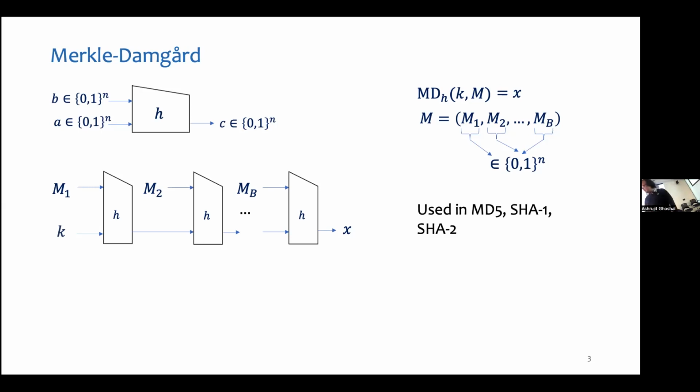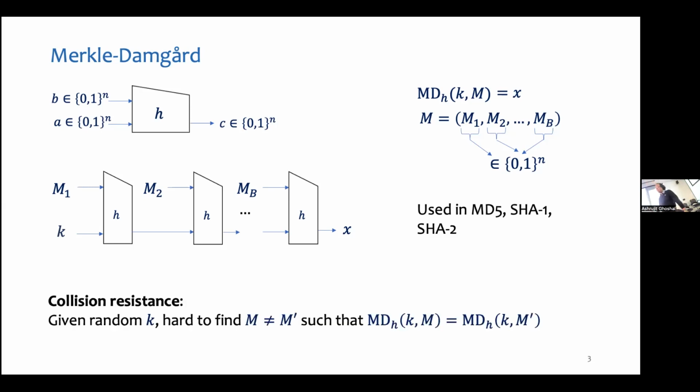One of the most basic properties that we require from any hash function is collision resistance, which entails that given a randomly sampled key, it must be hard for an adversary to find two distinct messages that hash to the same value. So we are interested in studying collision resistance for the Merkle-Damgård hashing mechanism.